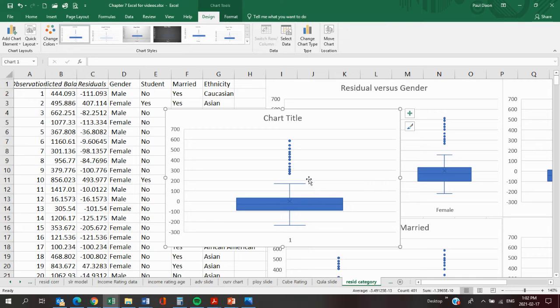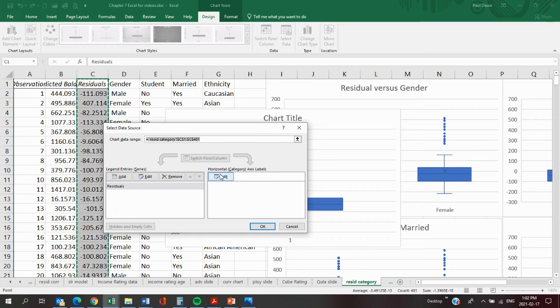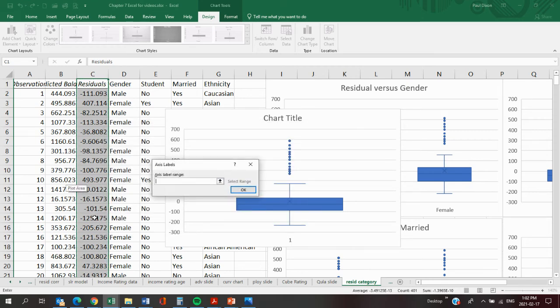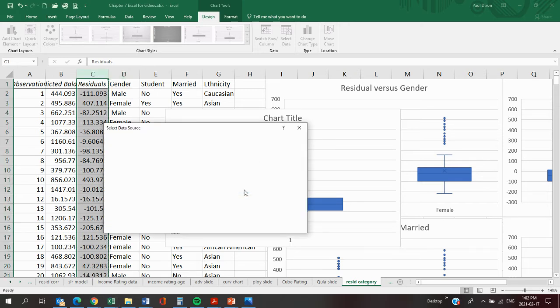So these odd people. Then I went to select data, and I went here to edit, and I picked one of my other variables, like gender. I put okay, took a minute, probably more than a minute because I grabbed it the wrong way.